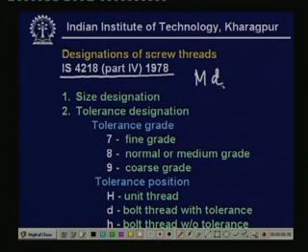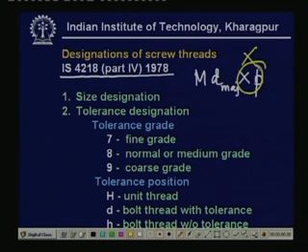Then it is followed by a cross and then the pitch. Sometimes this pitch information is not there, so it is to be taken that this belongs to a coarse series. There are two kinds of series, coarse series and fine series. For coarse series this P is not there.